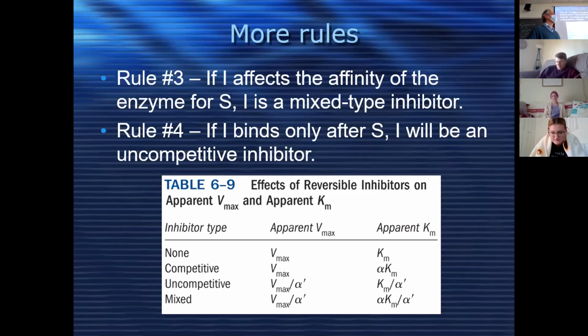Rule number 3, if the inhibitor affects the affinity of the enzyme for the substrate, it's usually a mixed inhibitor. And then if the inhibitor binds after S is bound, it's an uncompetitive inhibitor.